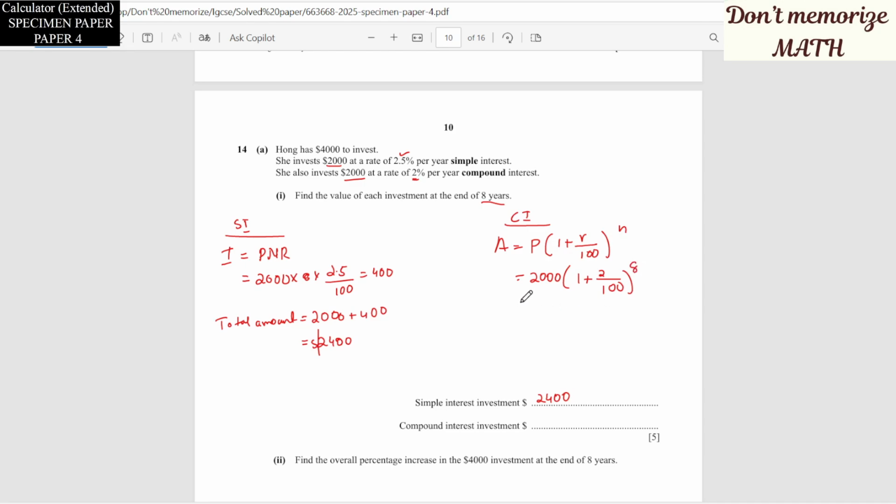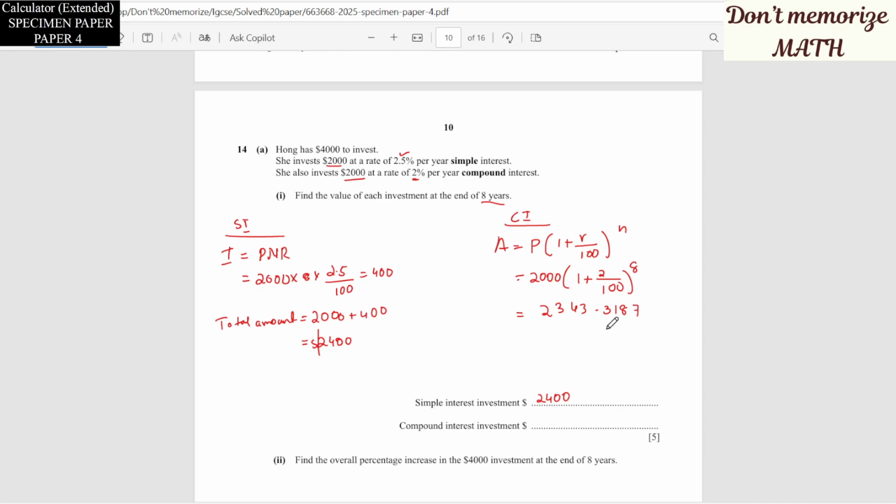So take the calculator, press 2000, open the bracket, 1 plus fraction button 2 over 100, or directly take 2%. Then take the x and power, so power 8. So we'll get 2343.3187.